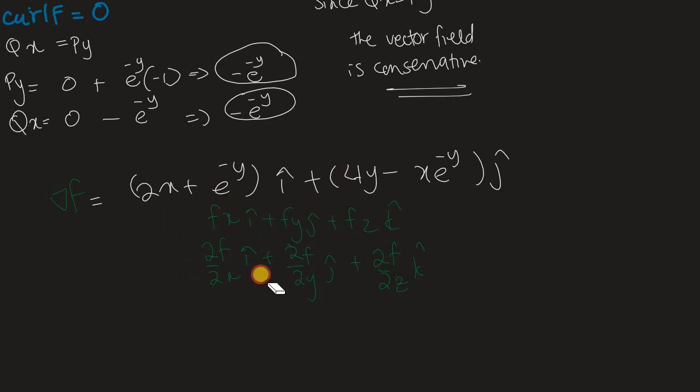Okay, and here we do not have z, we do not have the k component. That means here we only have f_x and f_y. So this is f_x and this is f_y, which is nothing but simply the partial derivative with respect to x and partial derivative with respect to y.